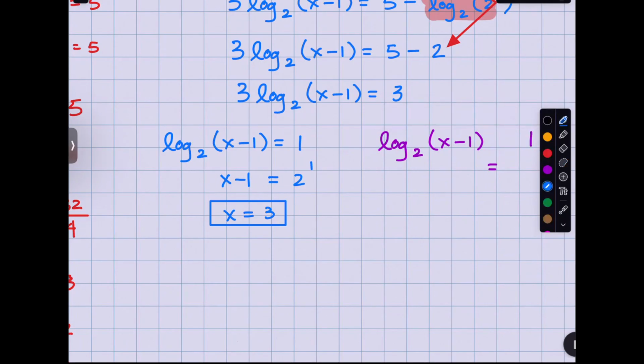Using 2 as the base, yes. And with that being said, you would have x minus 1 equals 2 to the first, which is the same exact thing, right? But this, we're converting it to exponent form. This, we're using opposite operations. As long as the bases are the same, they cancel each other out, so I'm left with just that. This is 2 raised to that power, that side as well, okay? So we're still getting to the same thing of x equals 3.